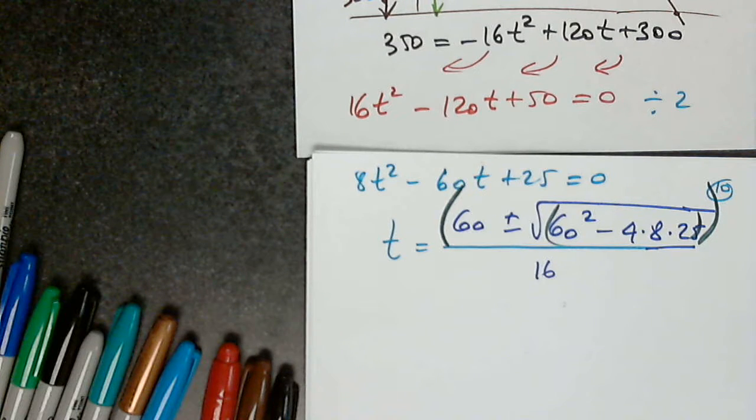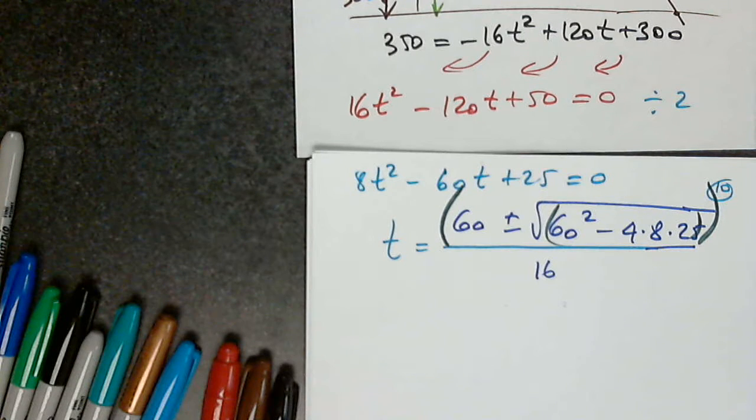So left parenthesis, 60 plus the square root of 60 squared, plus, not plus, I'm sorry, minus 4 times 32 times 25, close, outside, close, and divide by 60.